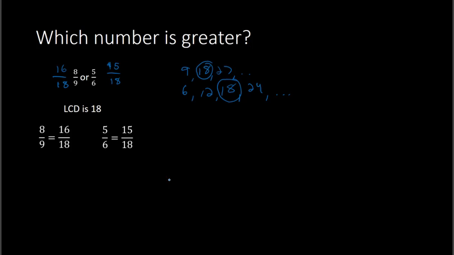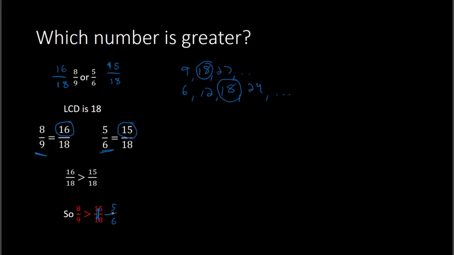So based off those numbers, we see that 16/18 would be bigger than 15/18. Because of that, 16/18, or 8/9, would be bigger than 5/6. Alright, so that is how we determine, and that should be a 5/6 instead. So 8/9 is bigger than 5/6.